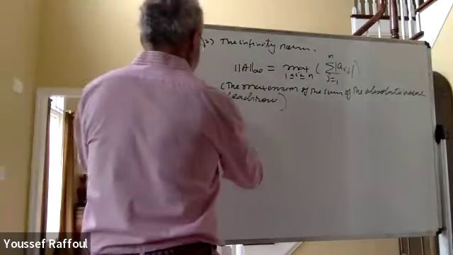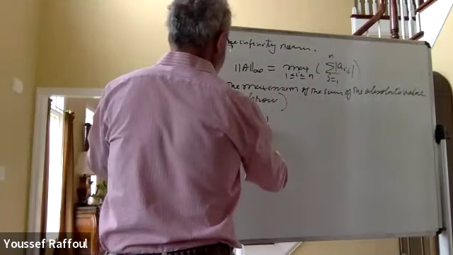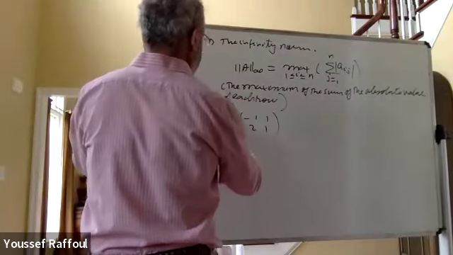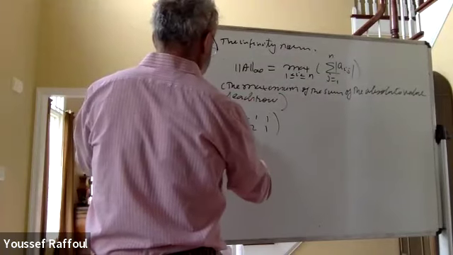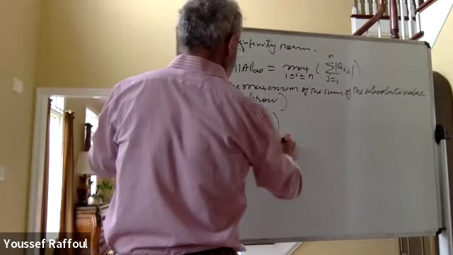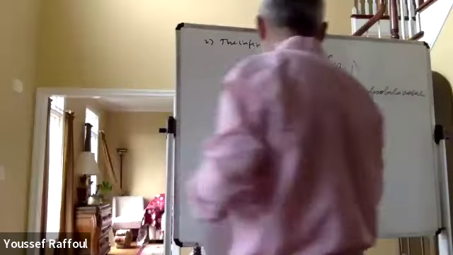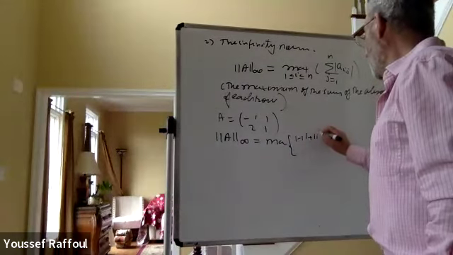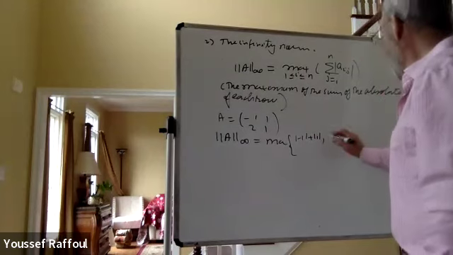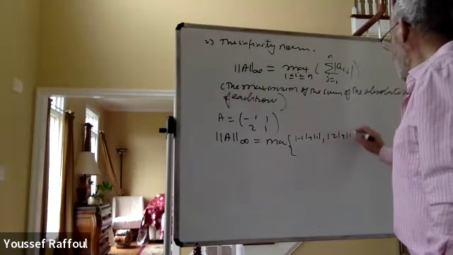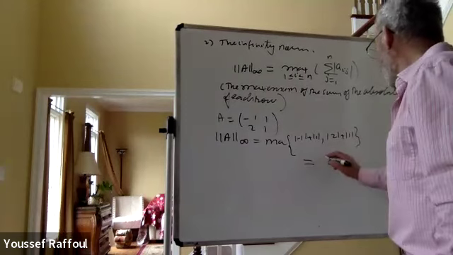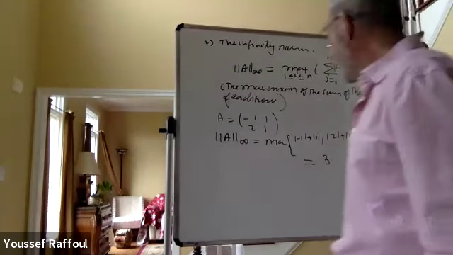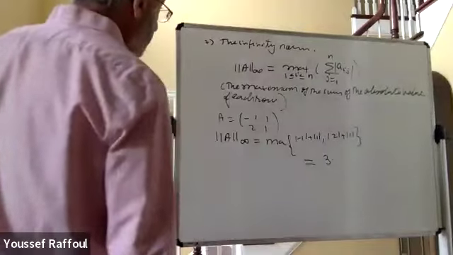So for example, if A equals [-1, 1; 2, 1], then ||A||_infinity is the max between |-1| + |1| and |2| + |1|. Of course, that is going to be 3.